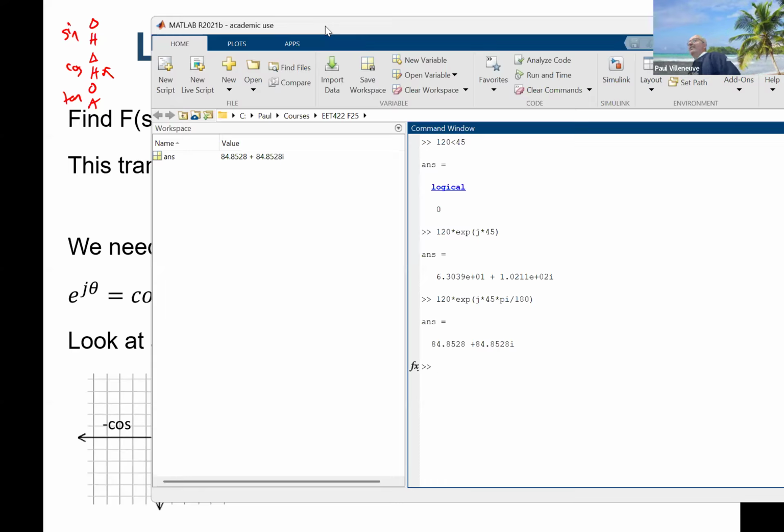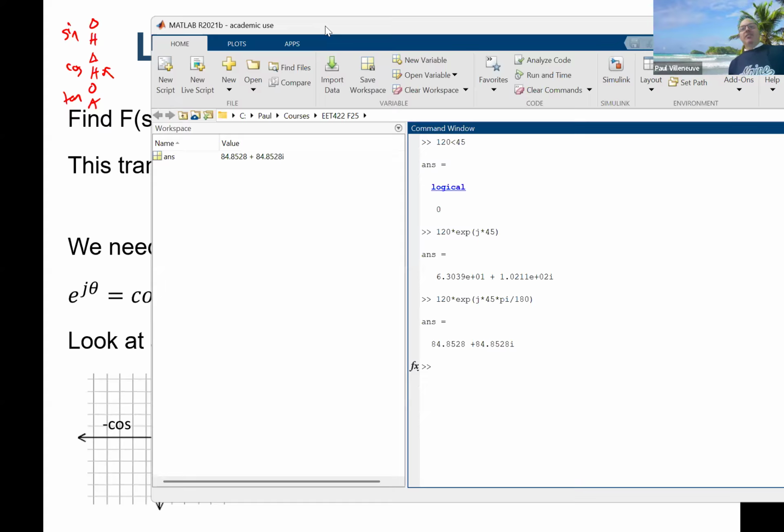Type in 120 E to the J 45. I don't even think you need to put it in radian mode. I think you can use your calculator in degree. That's what I did in MATLAB. And that's how your calculator should operate.